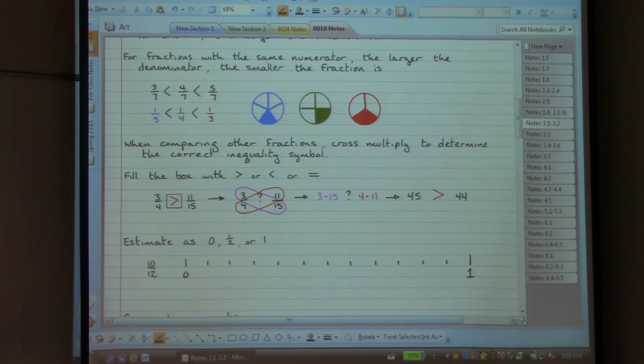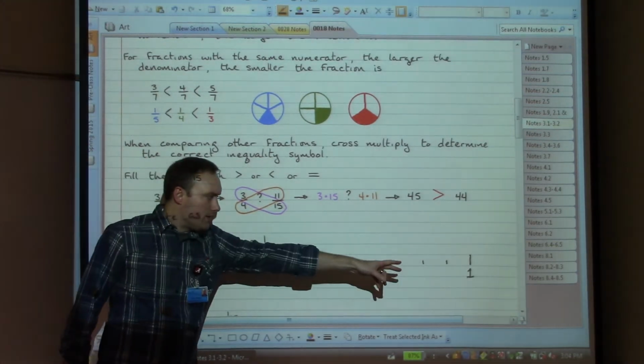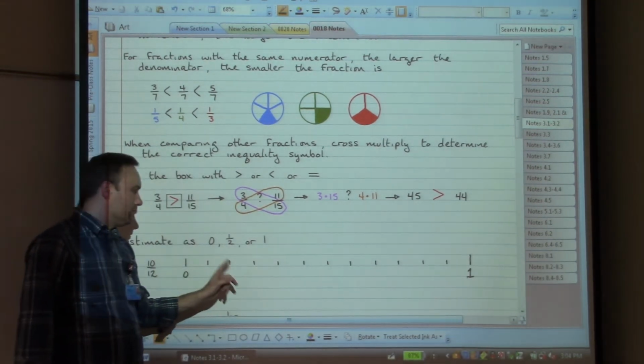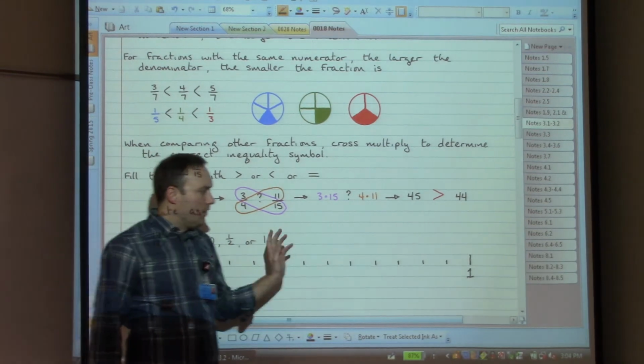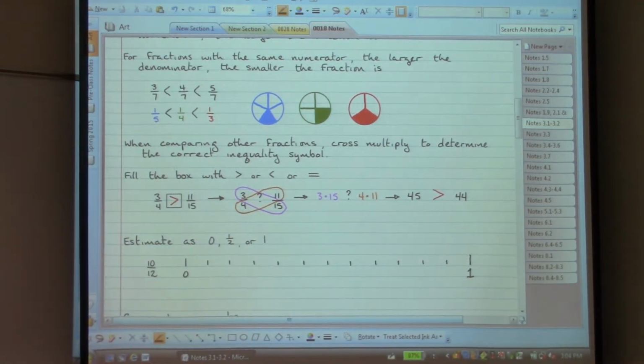Each one of these marks represents 1. If we go all the way down to the end, 1 mark for 1 out of 12, 2 out of 12, 3 out of 12, all the way down, this is 1 whole, or 12 out of 12.